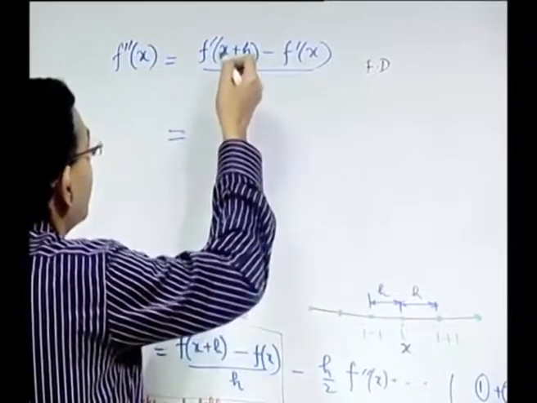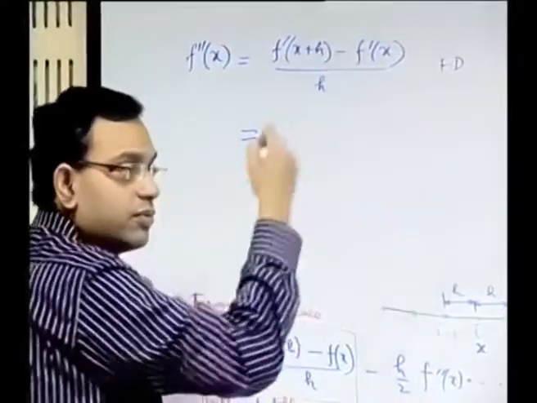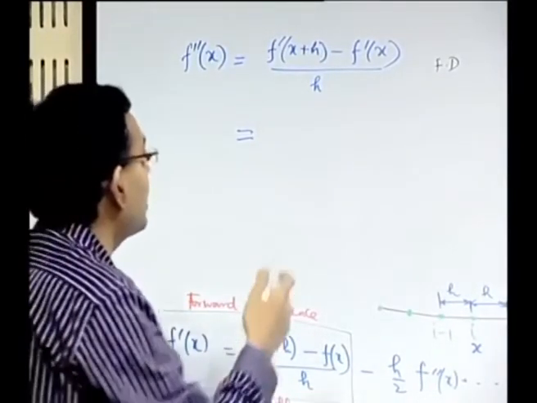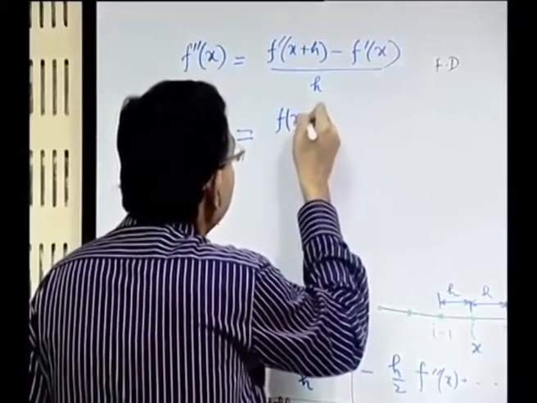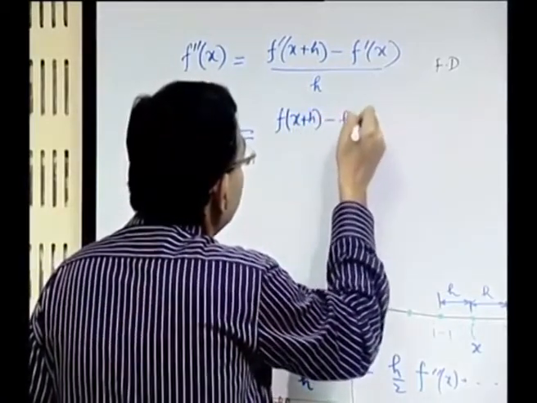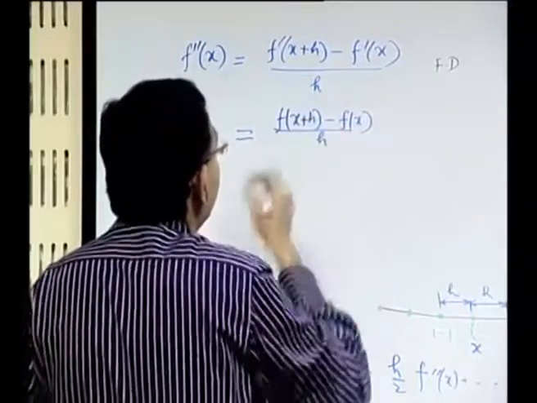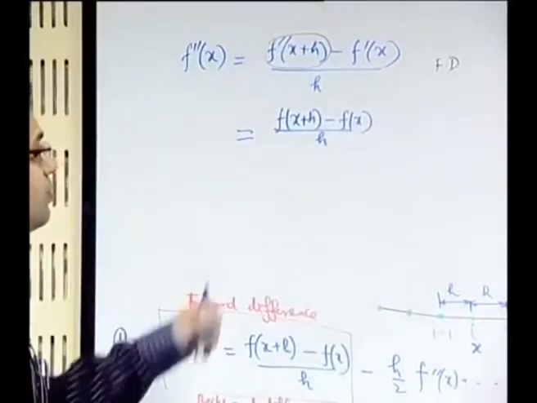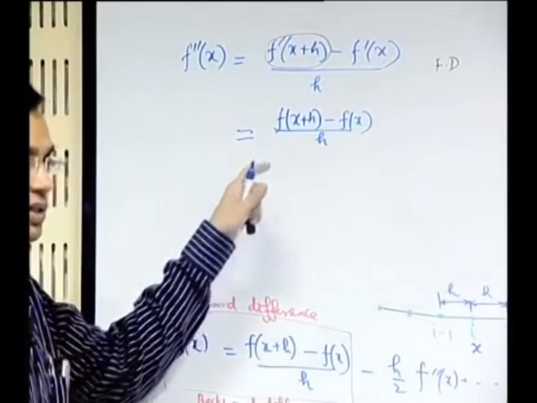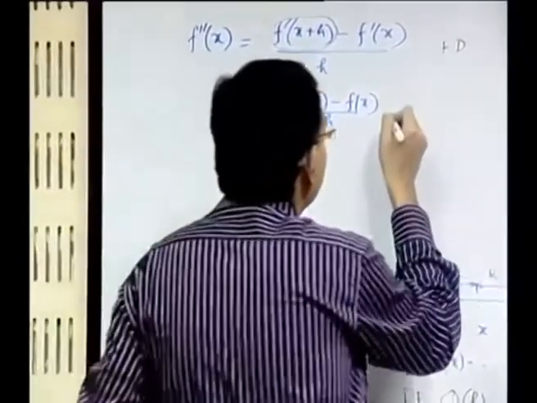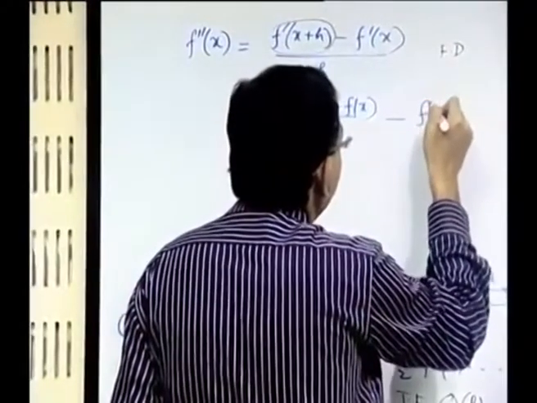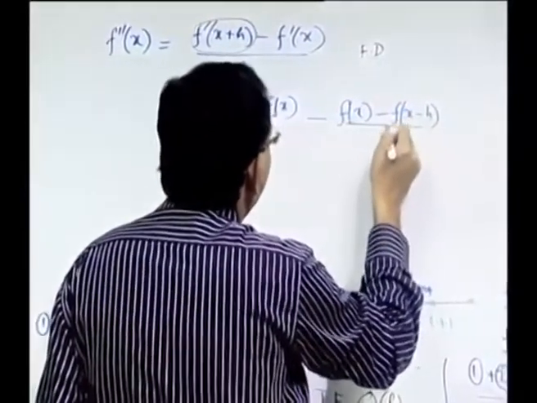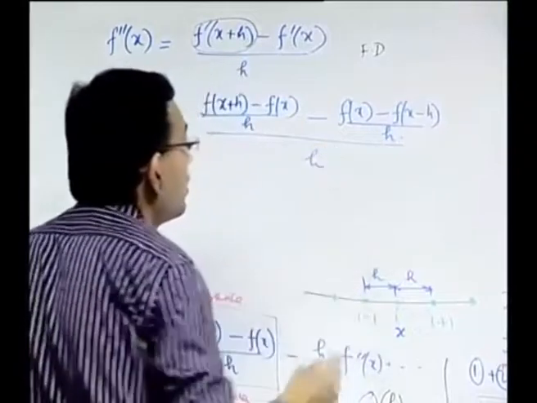Now you can write individual f dash terms in terms of f by considering the first order difference formula. So you can write this as f x plus h minus f x divided by h for f dash x plus h. So which formula is this one? Backward difference. Similarly, for f dash x, f x minus f x minus h divided by h, the whole thing divided by h.